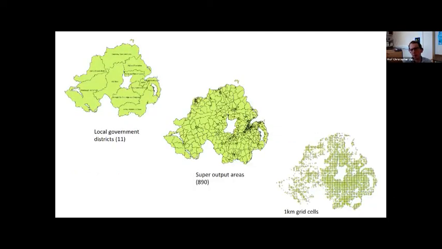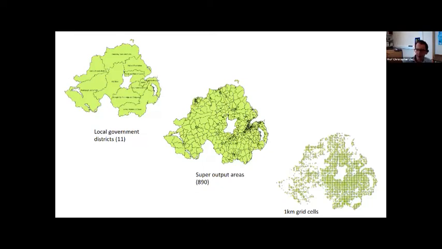Now, the first thing I wanted to say is, if we are concerned with the geography of anything related to people, so that could be healthcare, it could be deprivation, it could be literally anything you can think of, what we conventionally work with, and this is true in pretty much every part of the world, is data that treat the area of interest as though it's completely covered by people.